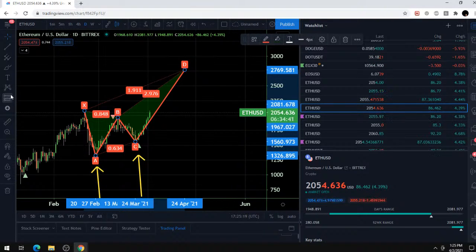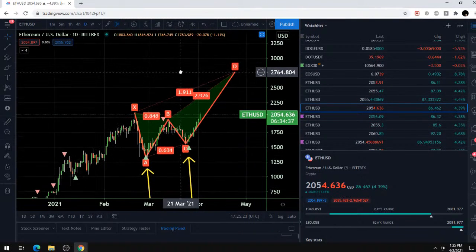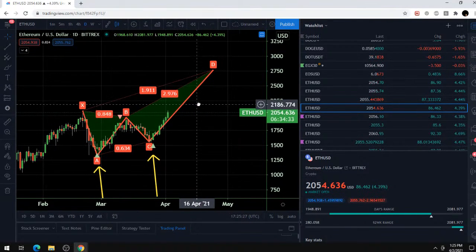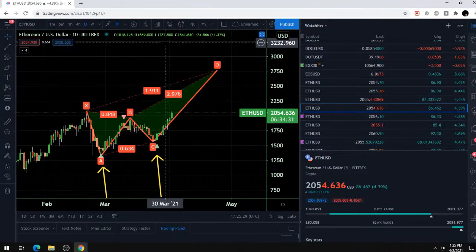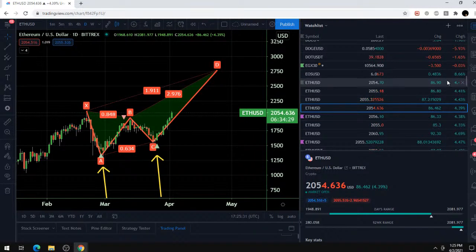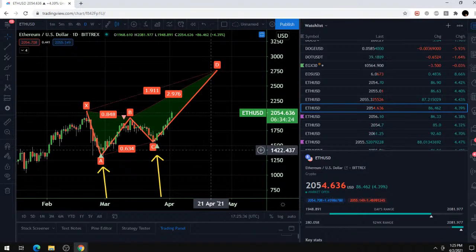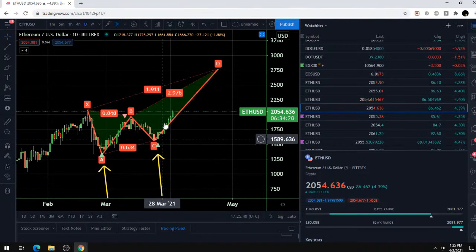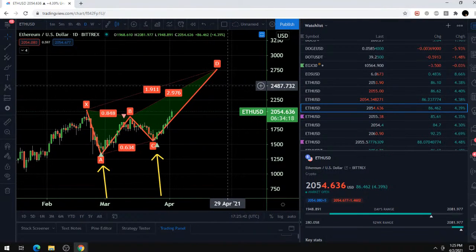So this kind of breakout, I'm not jumping into it yet, and I want to say that I cleared out of Ethereum, swapping it out for a Cardano position and a Bitcoin position. This is shaping up with that kind of XABCD formation to do another 1.618 breakout.